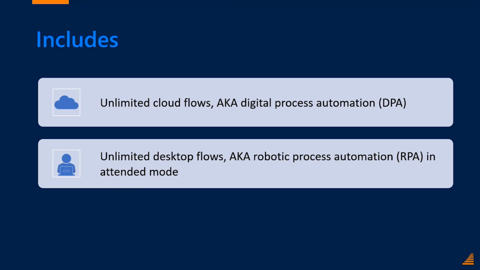So, robotic process automation is like building a macro in Excel. You build a flow, a process that does things for you on your behalf. And it specifies there in attended mode, and there is also an unattended mode. Basically, if an RPA bot is in attended mode, a human has to do something to make it work.